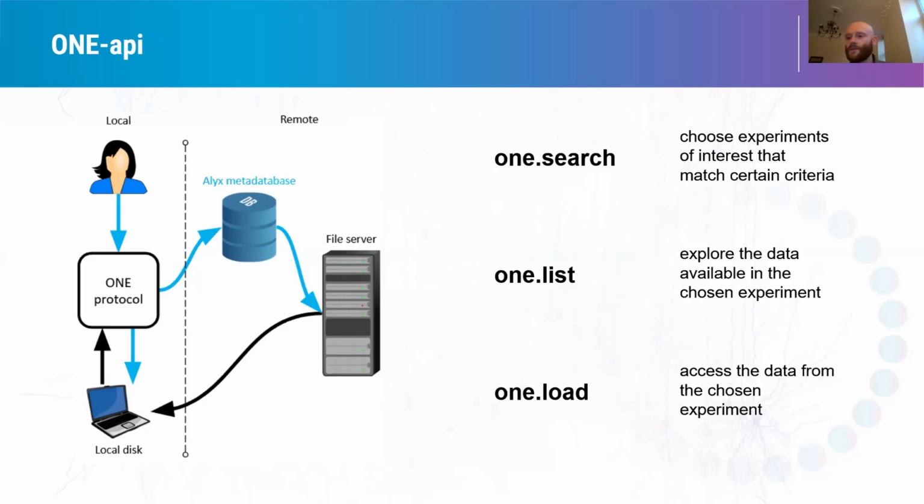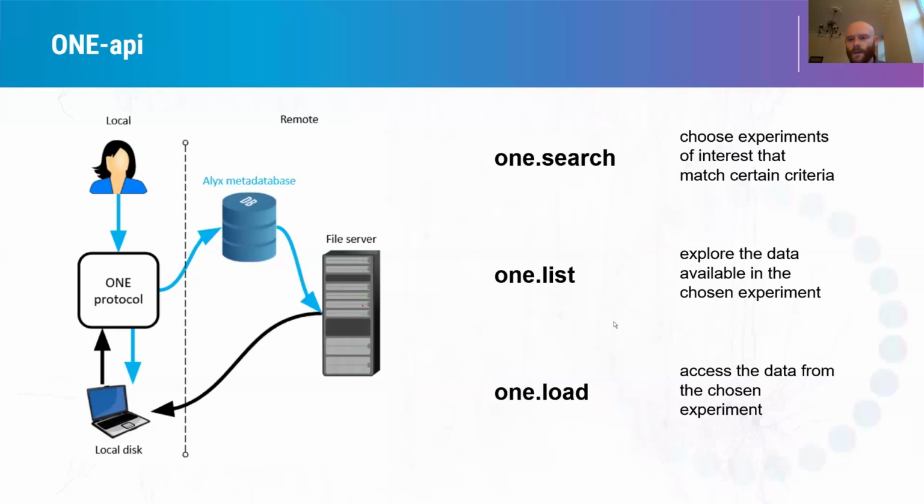So I've just shown you how the data are organized on disk. And this allows you to both share data and also load data using various filters such as object name or subject or date, etc.